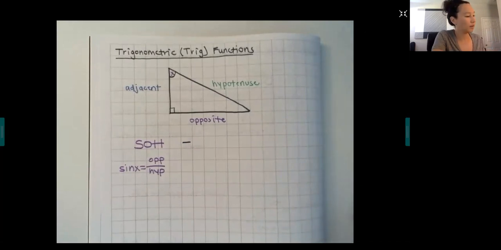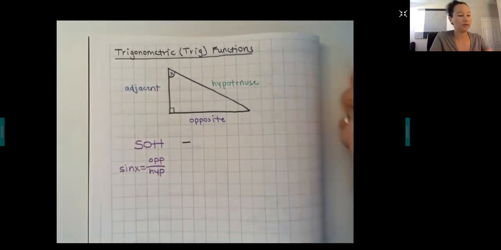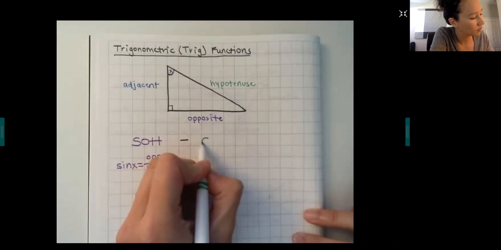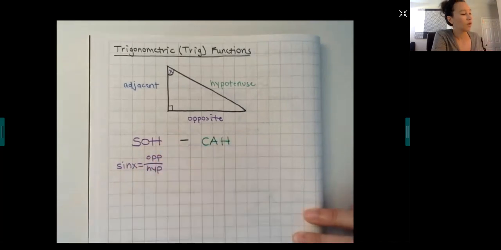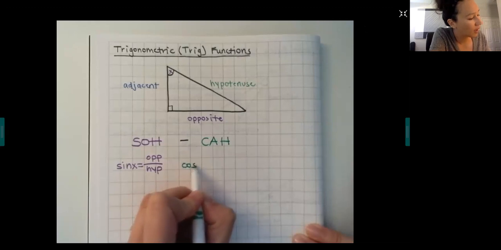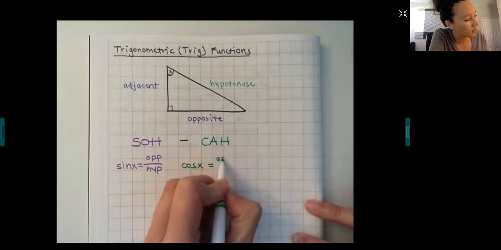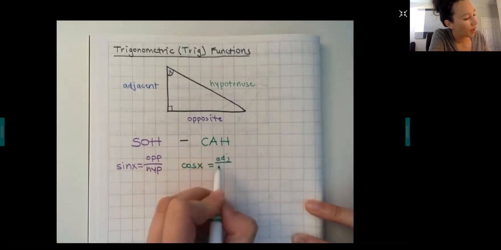The next trig function is cosine, which we say CAH, and that tells us that the cosine of x is equal to the adjacent over the hypotenuse.